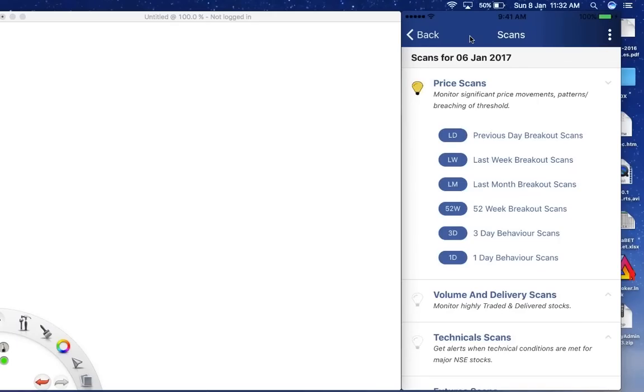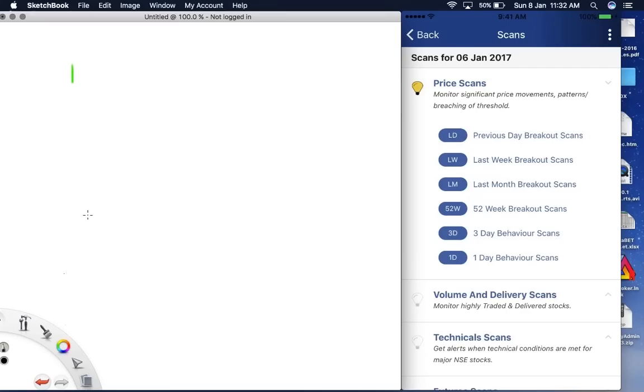What does breakout mean? A breakout can be on the upside or on the downside. Okay, Vinu is very new. All right, Vinu, I'll try my best to make you understand the concept of breakout very easily.